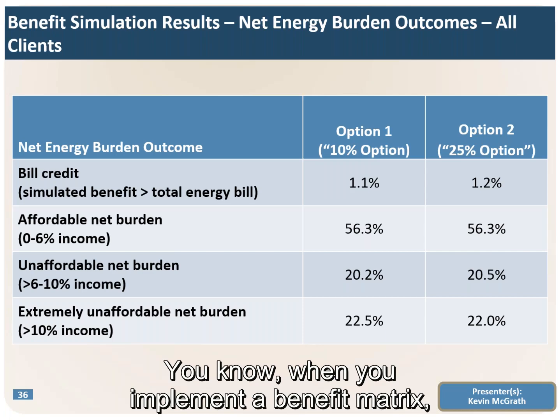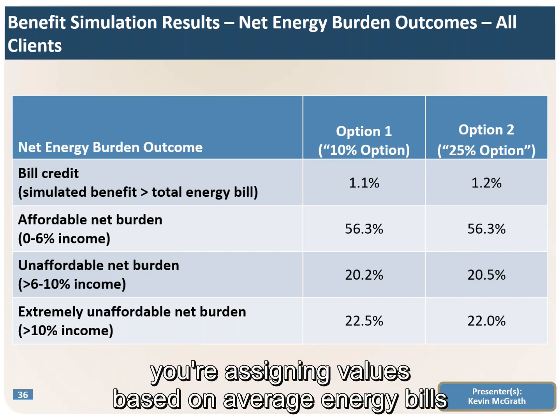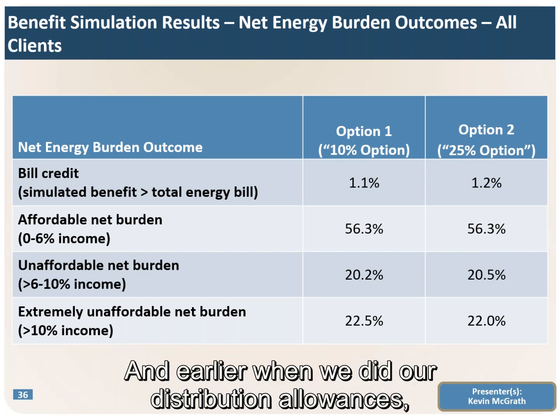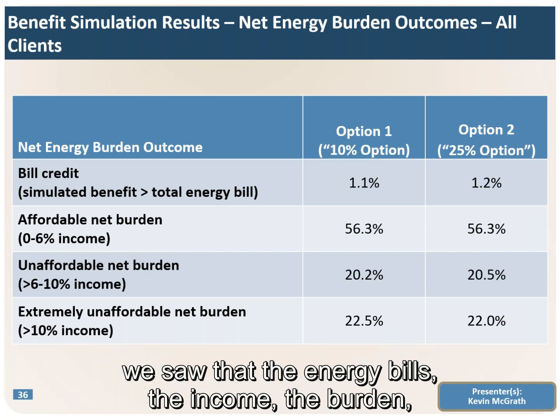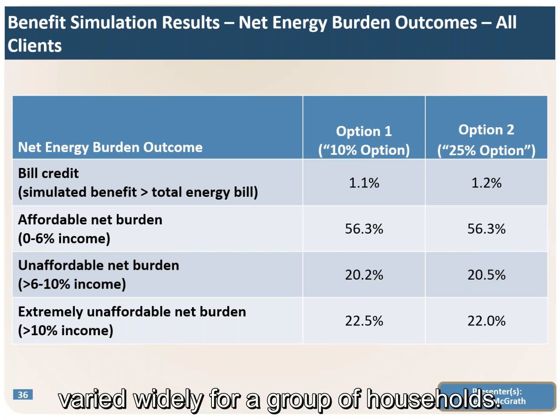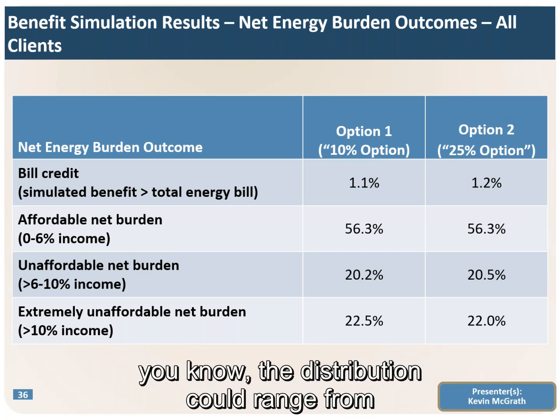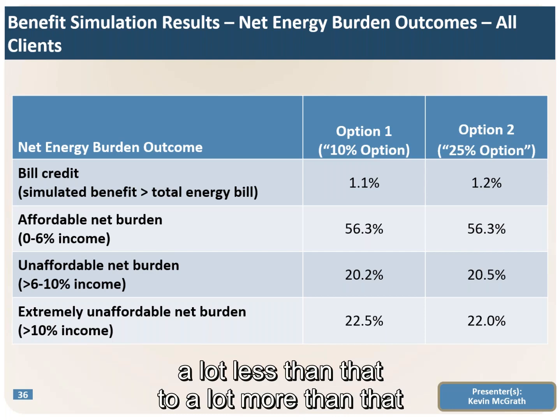You know, when you implement a benefit matrix, you're assigning values based on average energy bills that you're estimating or gathering in some way. And earlier, when we did our distributional analysis, we saw that the energy bills, the income, the burden, varied widely for a group of households. So even though the average may be X, the distribution could range from a lot less than that to a lot more than that.